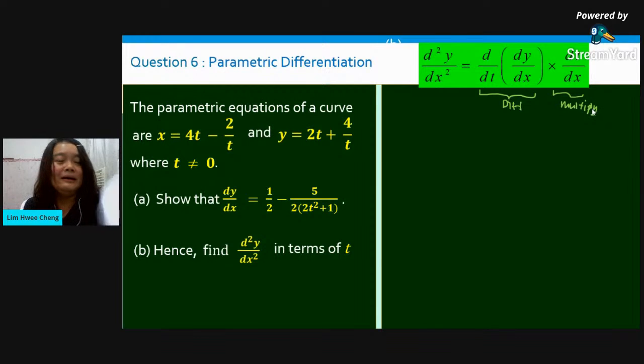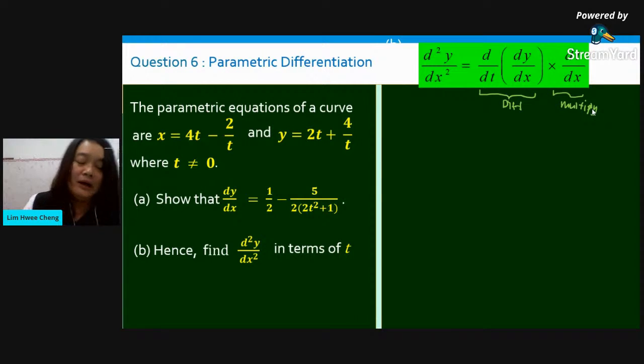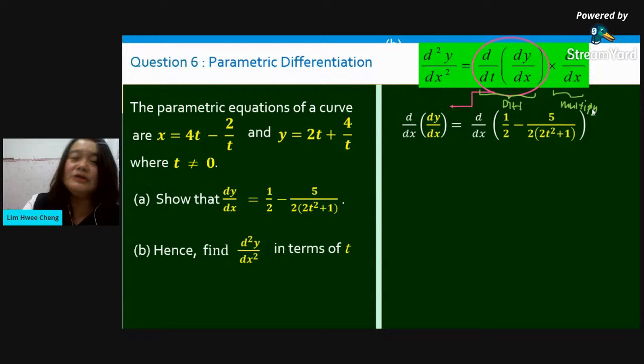Okay, clear? Again, I repeat, you must differentiate. So you start with the differentiation of your first derivative with respect to t.